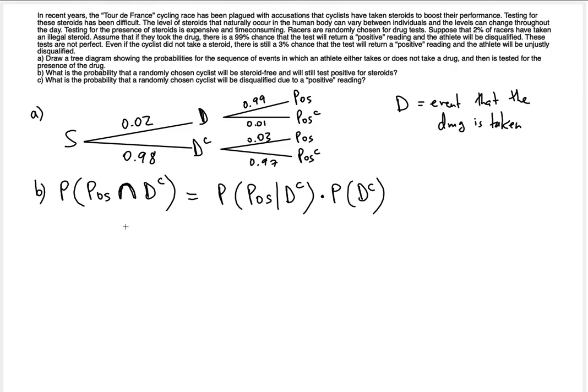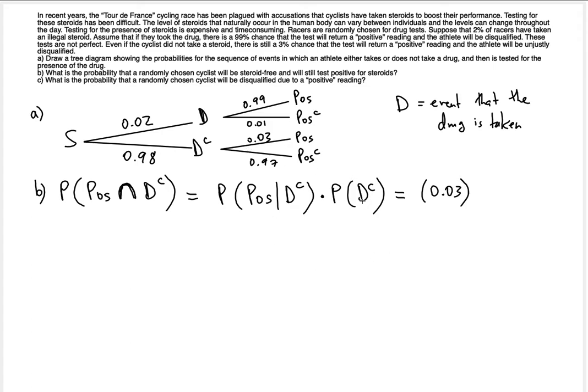Okay, so now we can use the tree diagram for that, right? We know that the conditional probability means that you first did not take the drug. That was 0.98. Now, if you did not take the drug, what is the probability of scoring positively? That was determined to be 0.03, this conditional probability.